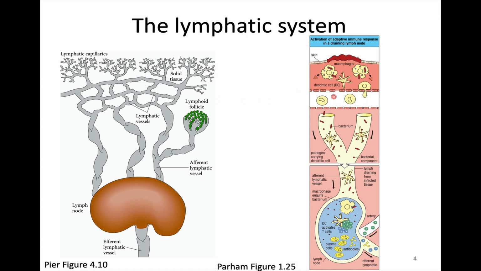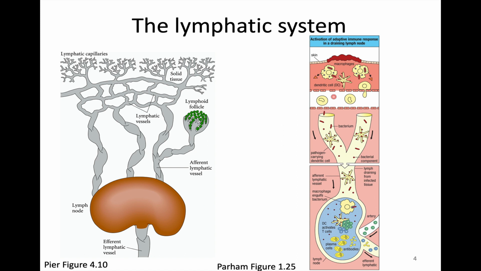All of these vessels have valves in them. You can see some of those valves here. And those valves make it so that liquid can only flow one way. So we've got these open vessels, liquid can come in, and once it's in, it sort of gets pushed in the direction we want it to go in. It can't go the other way because of the valves that are in the way.